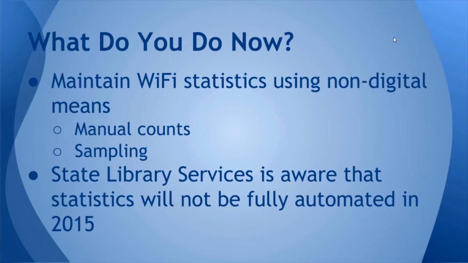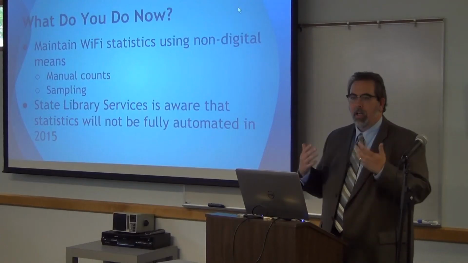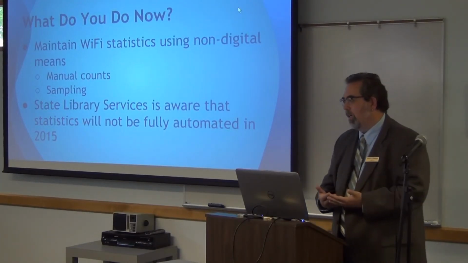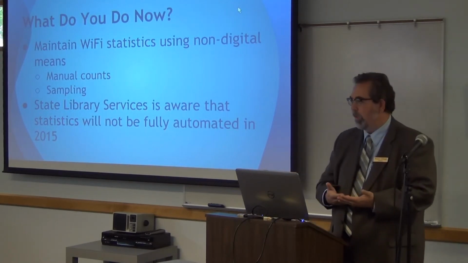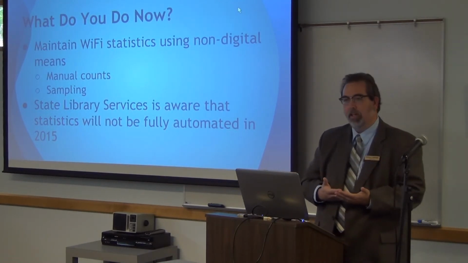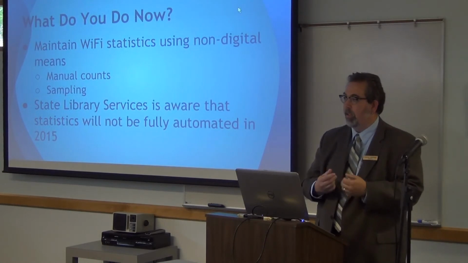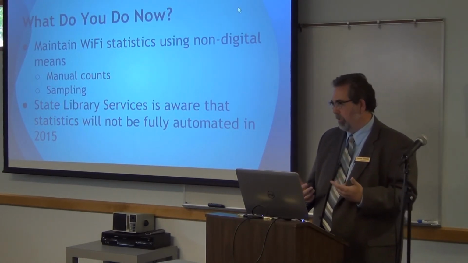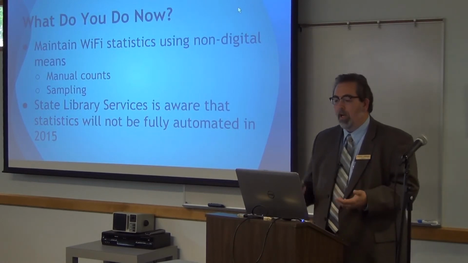So this is not a new thing. The annual report has often asked for statistics for which a library might not have an automated solution. Use those same guidelines. Maybe some manual counts, maybe you pick 3 or 4 days out of the year and you really try hard to count the sessions on those and then extrapolate the data. The same strategies that you've used for other means can work here.